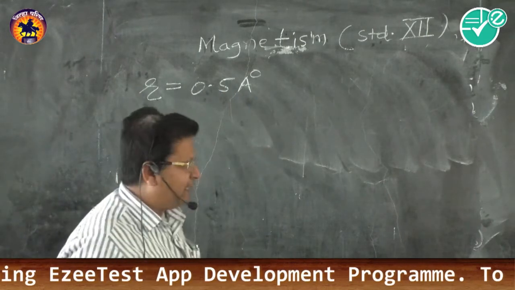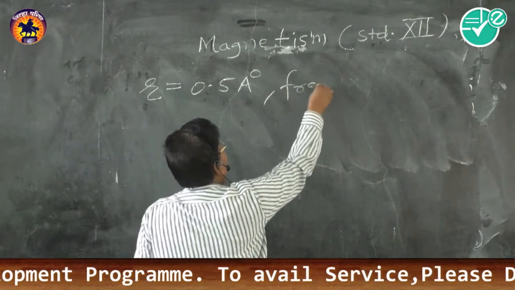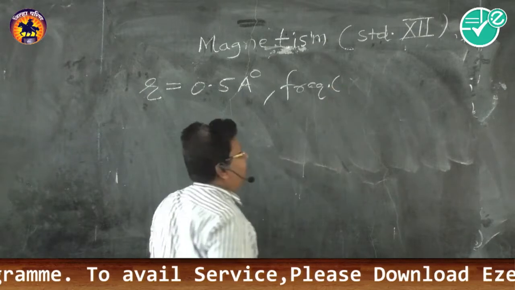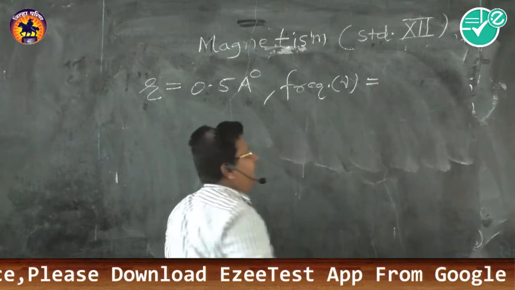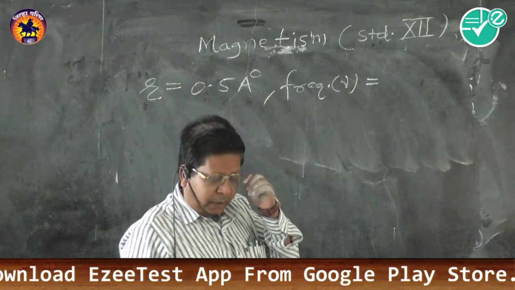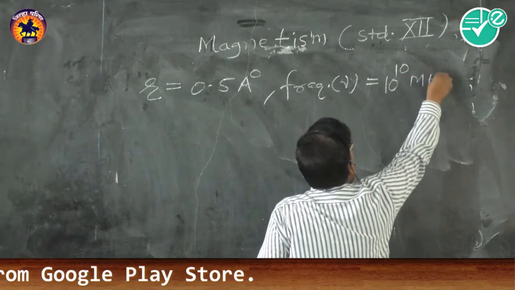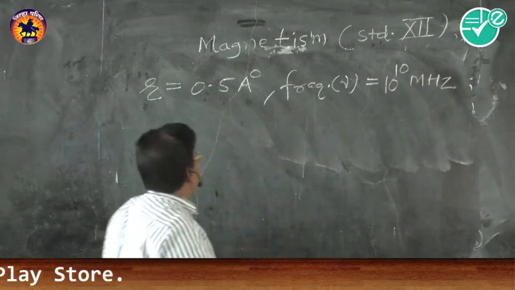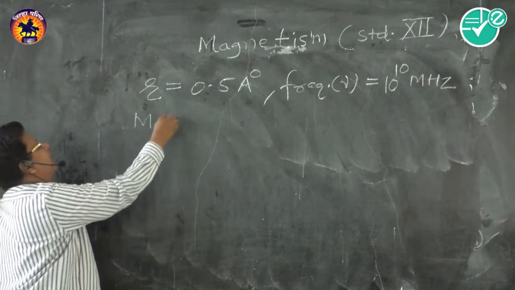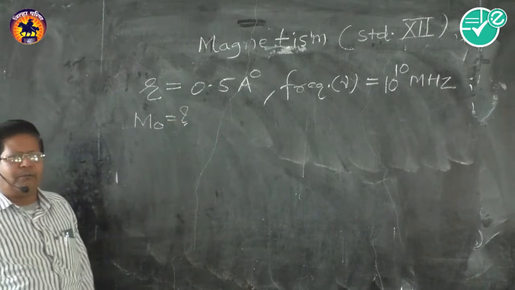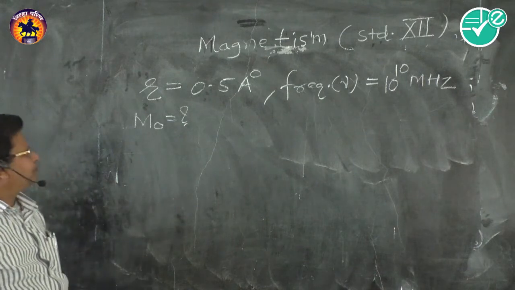And as the electron is revolving, it possesses a frequency, called nu or n, and its value is 10 to the power 10 megahertz. And again we have to calculate the orbital magnetic dipole moment of the revolving electron.